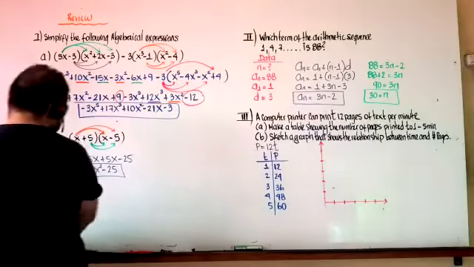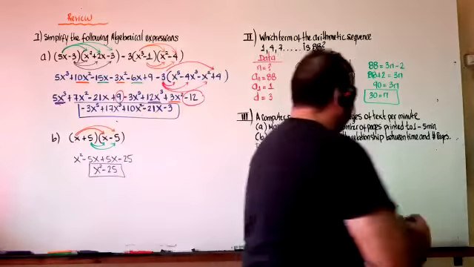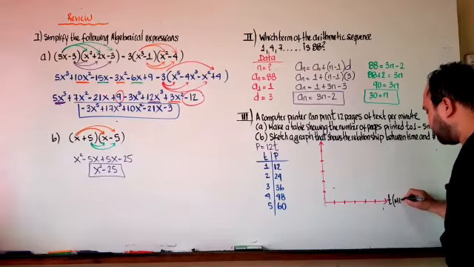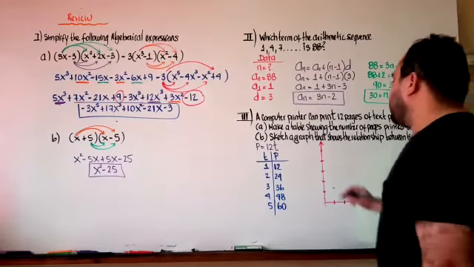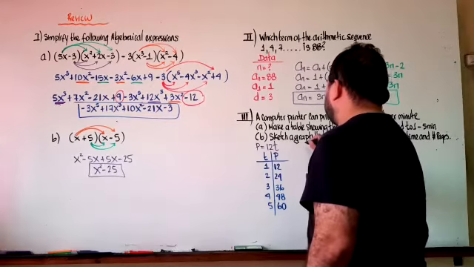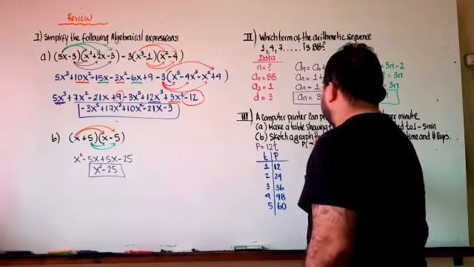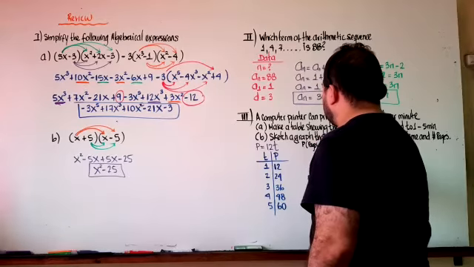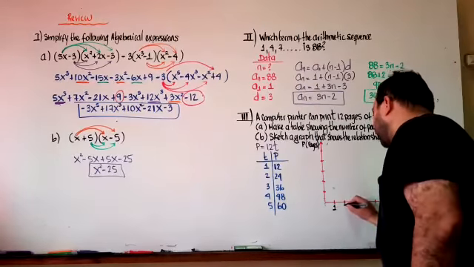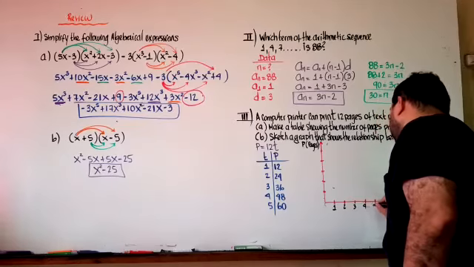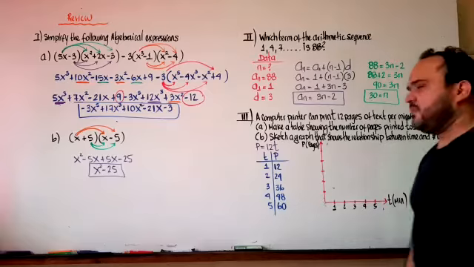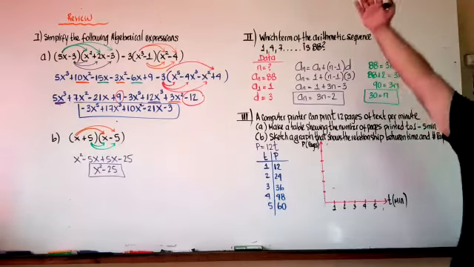Remember, in the coordinate plane, T represents time in minutes, and P over here represents pages. And we have the numbers 1, 2, 3, 4, 5. Obviously, I'm going to use a scale, right? Because could you imagine creating a huge coordinate plane?